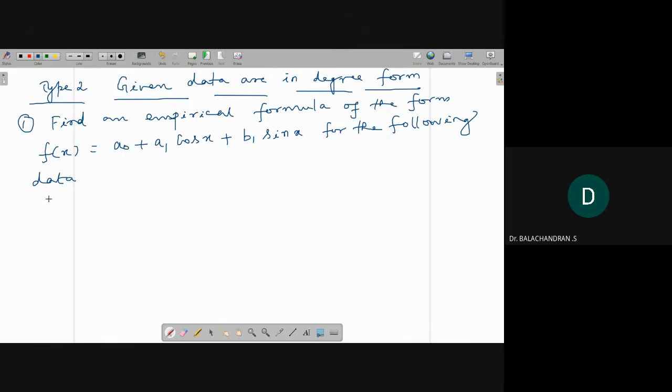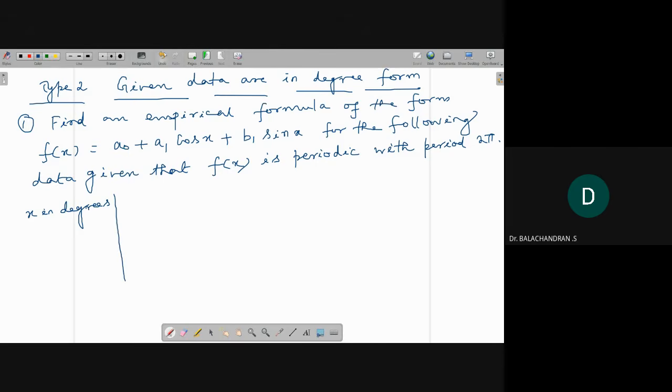For the following data, given that f of x is periodic with period 2 pi, x in degrees, y equal to f of x.